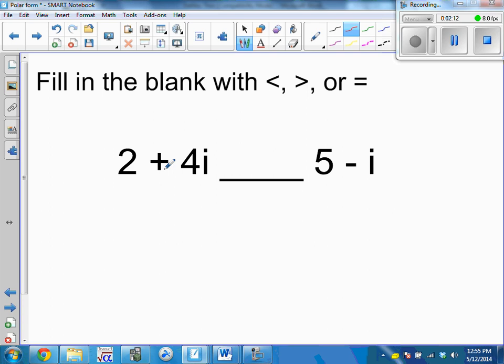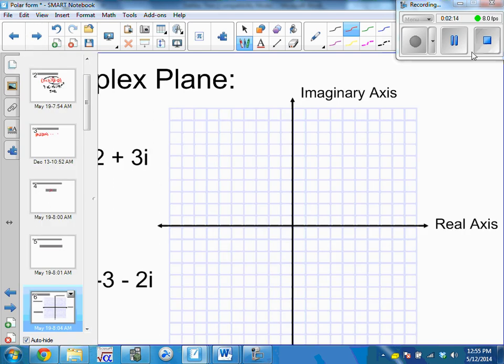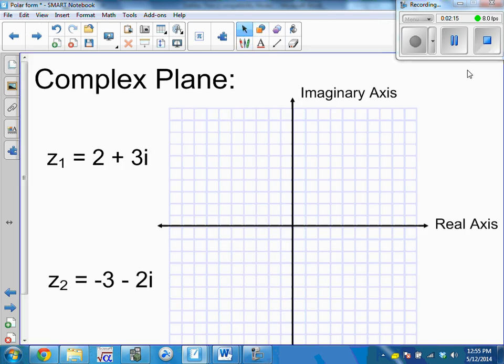Well, to do that, we need to introduce something new, and it is the complex plane. The way the complex plane works is we take any complex number and we use z to represent variables in the complex plane, kind of like we use x normally. And when we graph these, our x-axis is our real axis, and our y-axis is the imaginary.